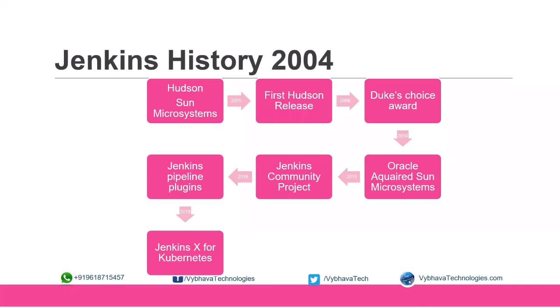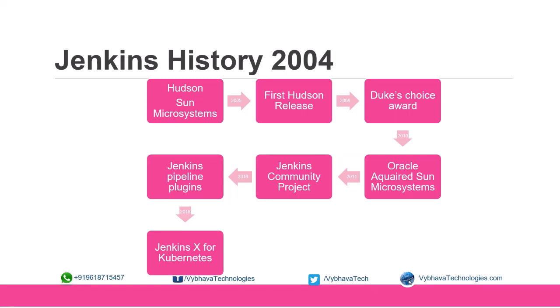Oracle acquired Sun Microsystems, as you know, in 2010. At that time Sun had a lot of products. It had its own browser, it had Java, it had a platform, Sun OS or SPARC. All of these went under the umbrella of Oracle.